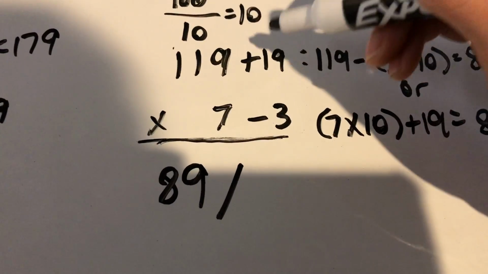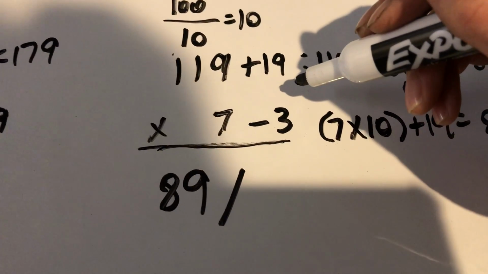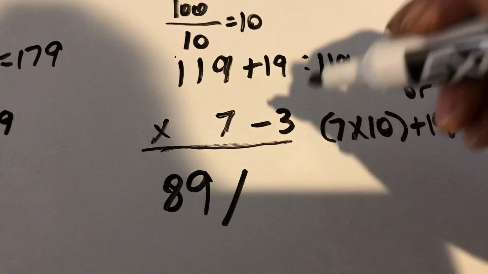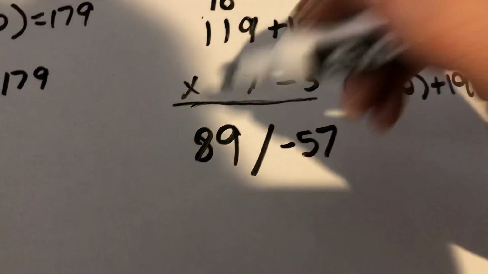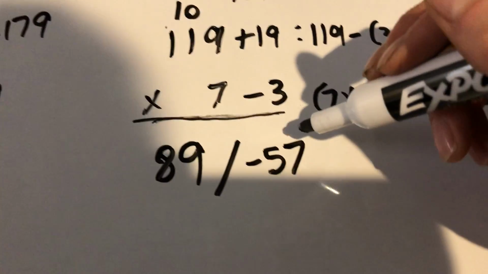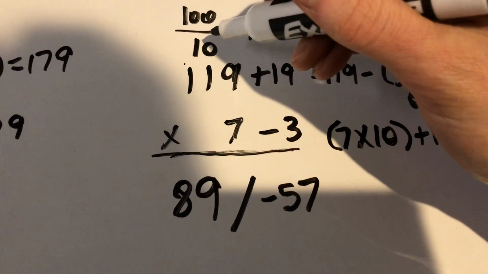Next step is to multiply 19 times negative 3, which equals negative 57. So you got 89 on the left side, negative 57 on the right side. Now you notice that 57 is above the actual base of 10.